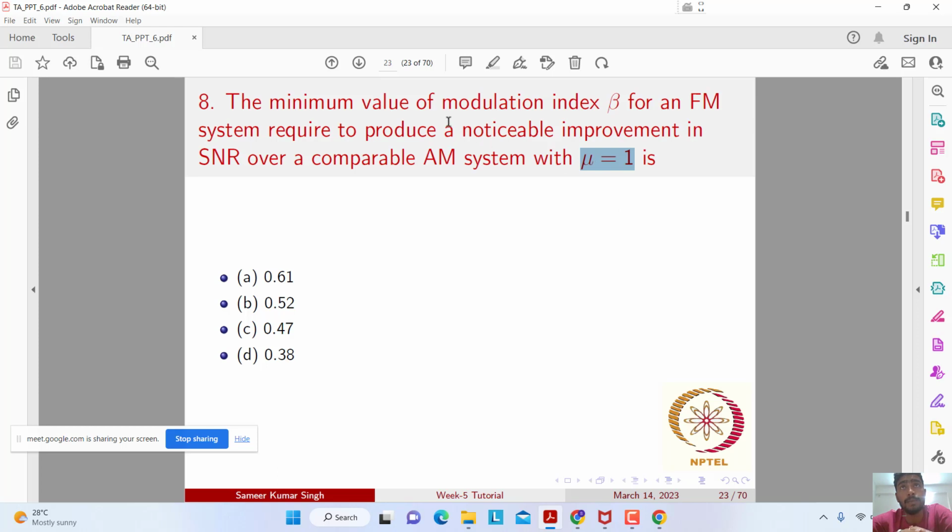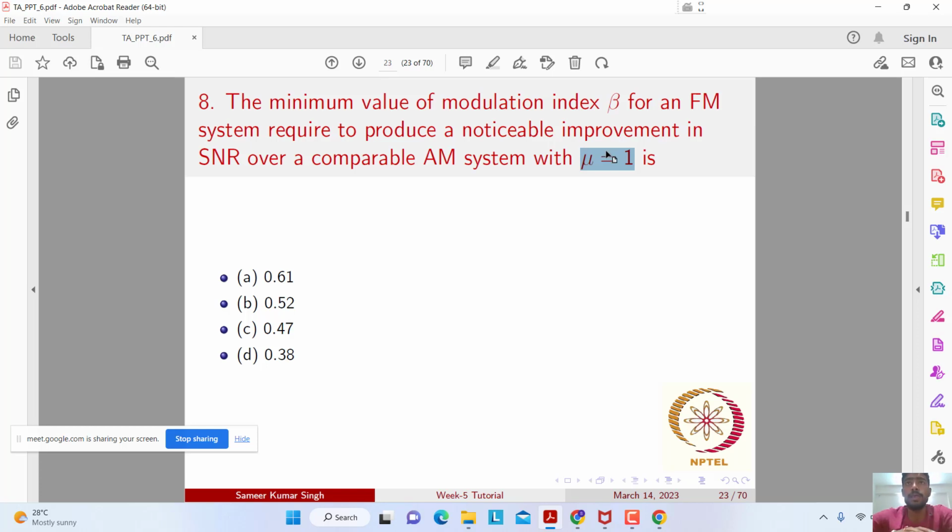And we are comparing with the FM system. For that purpose, what will be the minimum modulation index we require? Okay, basically I'm giving a hint.